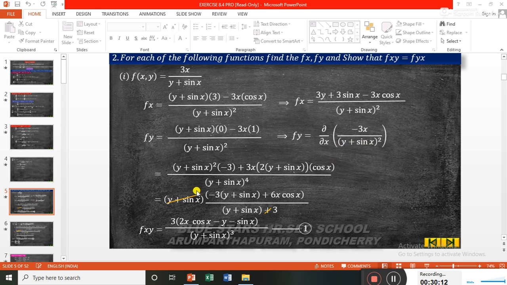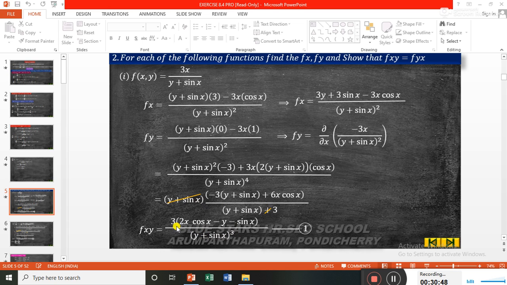Therefore, y plus sin x is a common factor I take from the numerator: minus 3 into y plus sin x plus 6x cos x, since 3 twos are 6. I cancel the y plus sin x against the denominator's whole power 4, so the remaining term is y plus sin x whole cube.